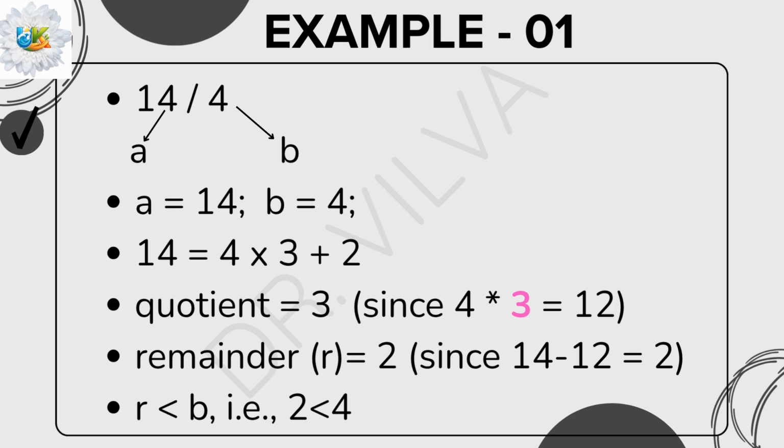When 14 is divided by 4, the quotient is 3 and the remainder is 2. Therefore, 14 is equal to 4 times 3 plus 2. Also, the remainder r is 2 which is strictly less than b, that is 4. 2 is less than 4.